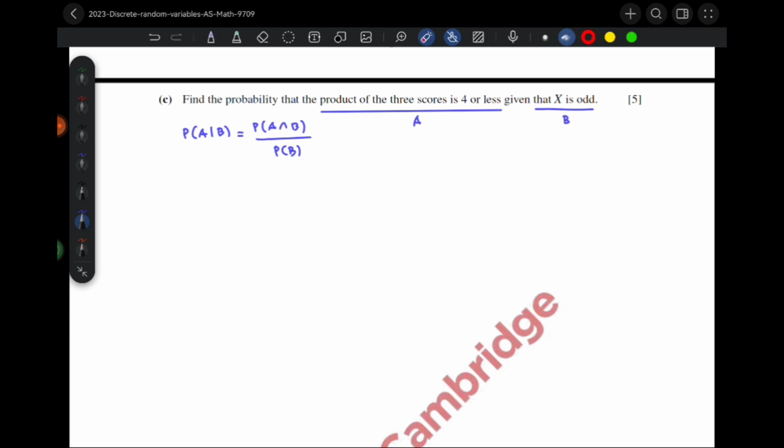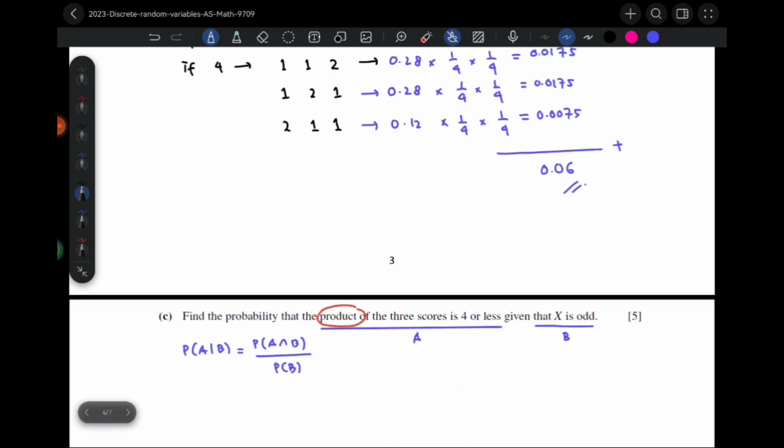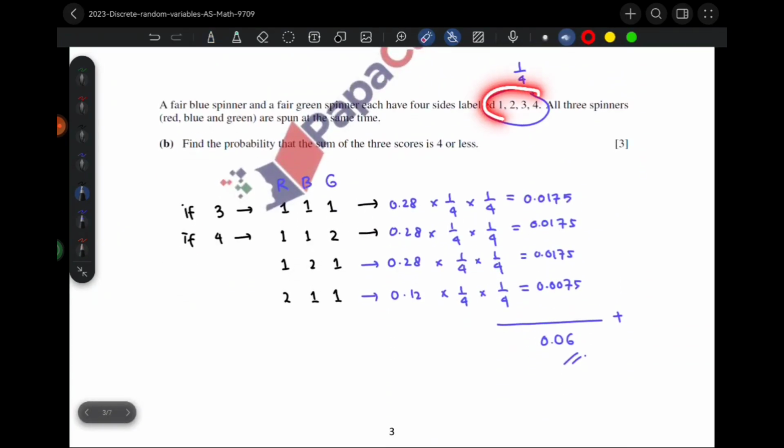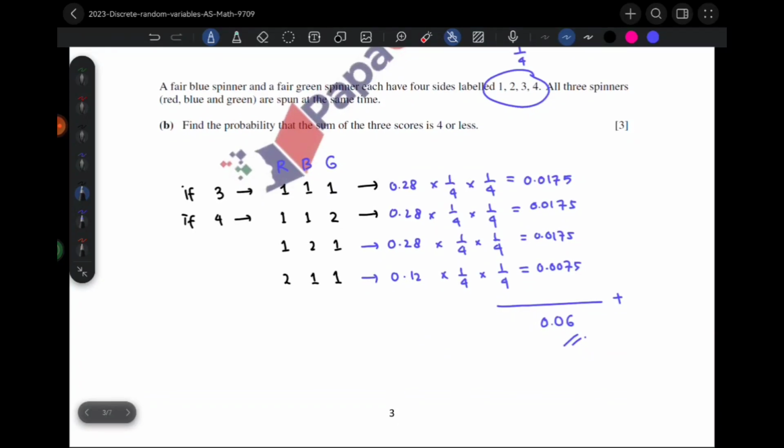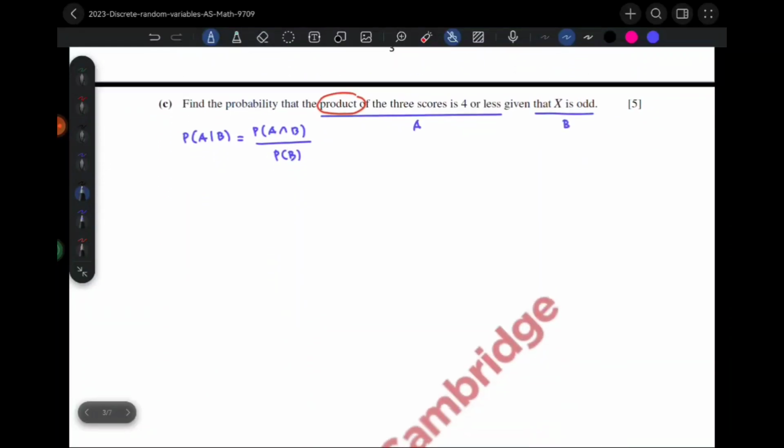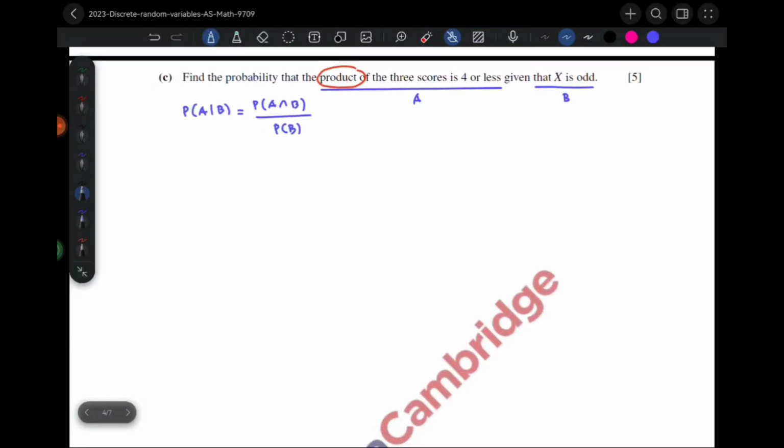Okay, so first we calculate probability A intersect B. That means the product of the three scores is 4 or less. Remember, this is the product, not the sum, like the previous questions. Because all of these spinners have 1, 2, 3, 4 outcomes, the minimum product that can be produced is 1, because it can be 1, 1, 1, and the multiplication of 1, 1, 1 is just 1.